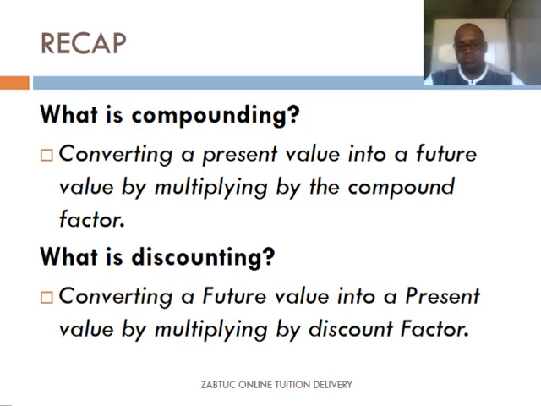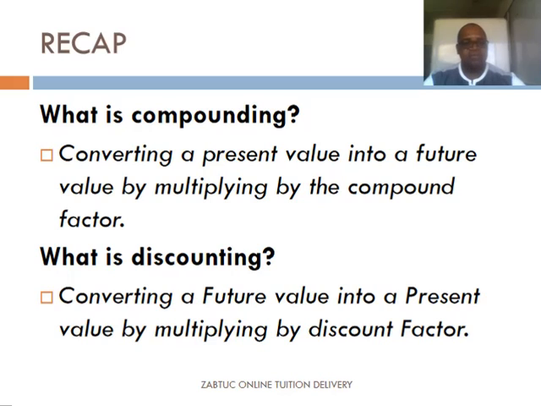So when you're compounding, you're moving forward, taking a present value and saying what it will be in the future. What of discounting? When you're discounting, you are converting a future value, a future cash flow, into a present amount. How do you do that? You multiply by the discounting factor.